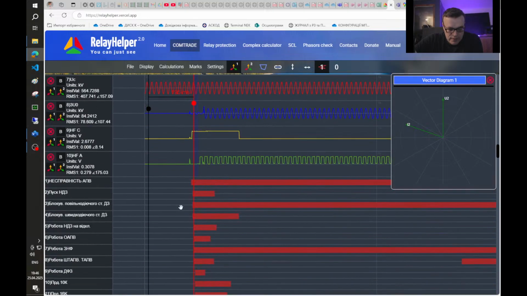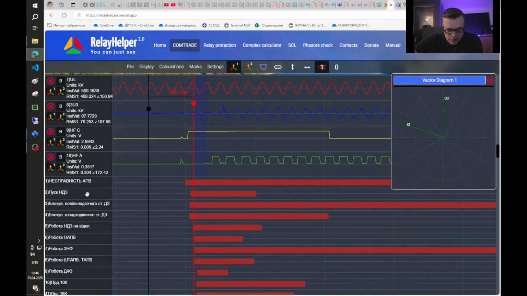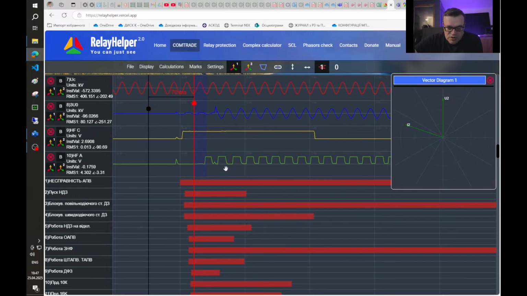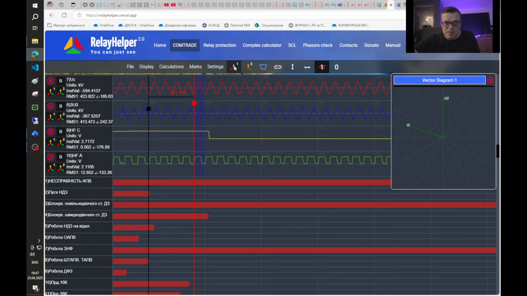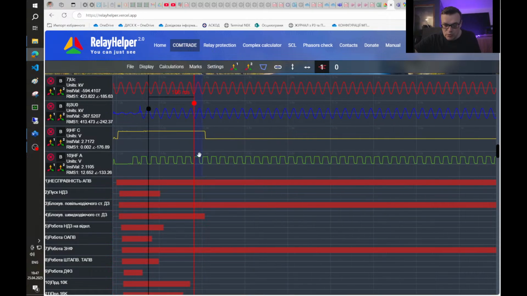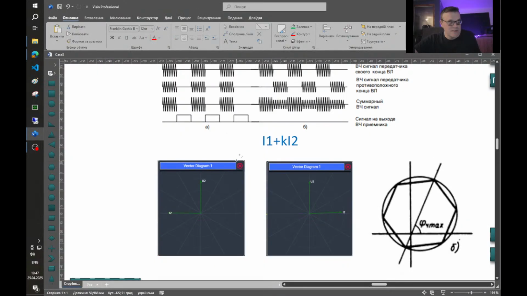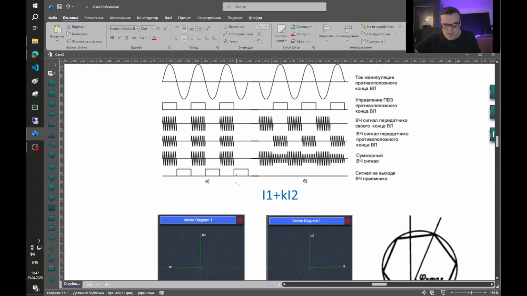And in digital signals, this is the start of this protection, and this signal is trip. And after trip, as I said in the beginning, it switches to the phase differential mode. And you can see this pause on that picture.